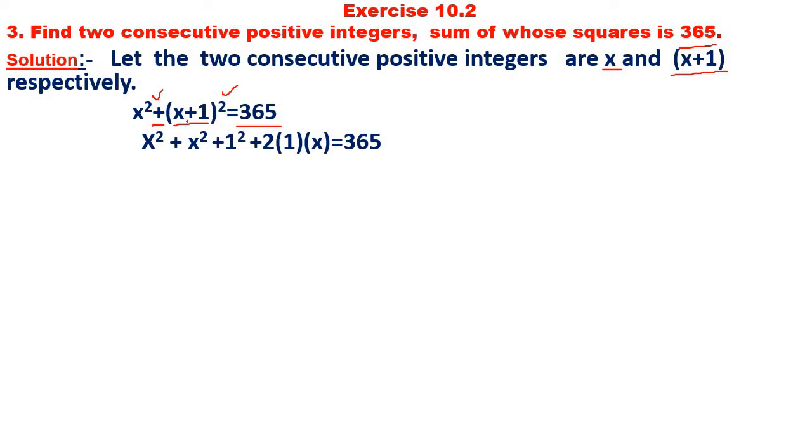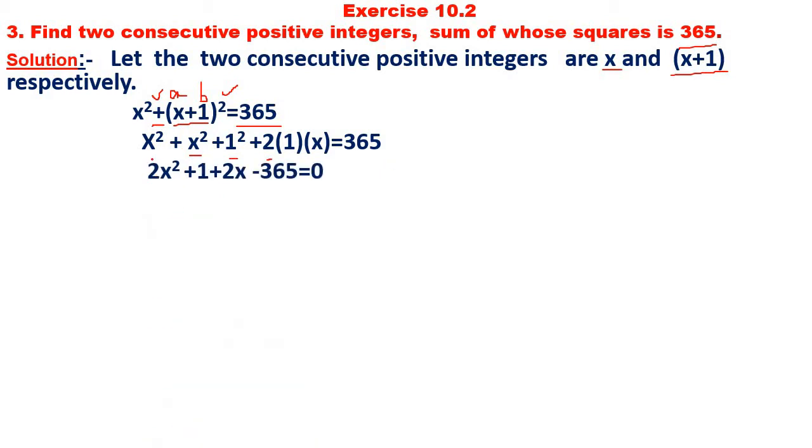square. This is in the form of (a plus b) whole square, which is equal to a square plus b square plus 2ab. Here a is x and b is 1. Therefore x square plus 1 square plus 2 into 1 into x, which is 2x, is equal to 365.